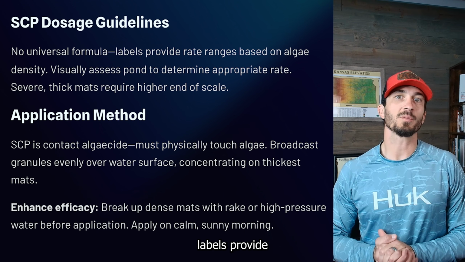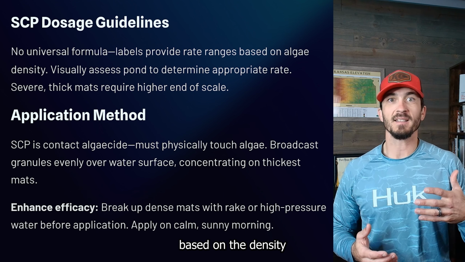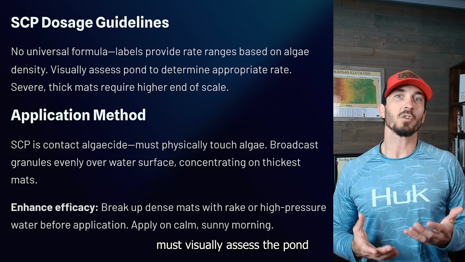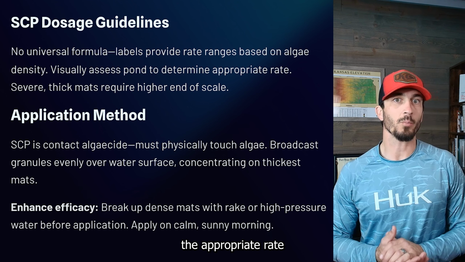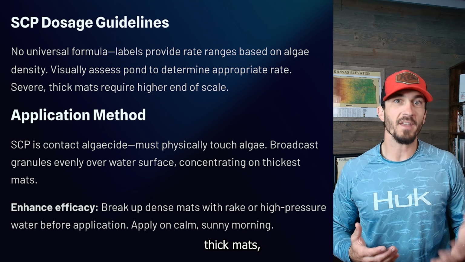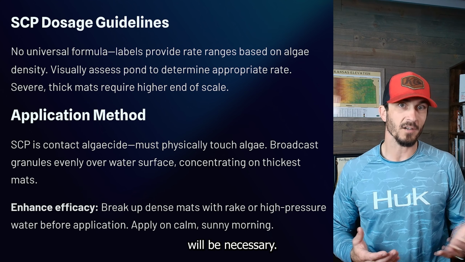Instead, product labels provide a range of application rates based on the density of the algal growth. The applicator must visually assess the pond to determine the appropriate rate within this range. For severe, thick mats, a rate at the higher end of the scale will be necessary.